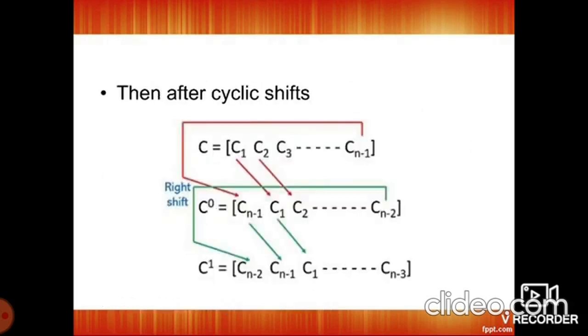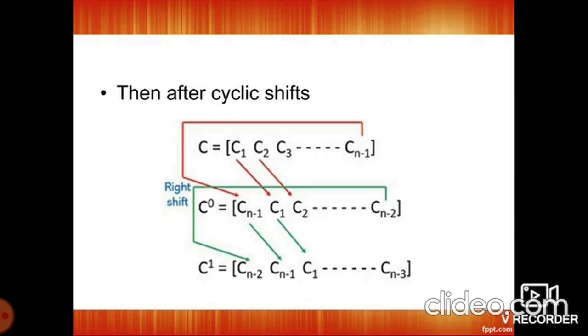After a cyclic shift, c1 takes the position of c2, c2 takes the position of c3, c3 takes the position of c4, and so on, up to c(n-1) taking the position of c(n-2), and c(n-1) becomes the first position. So the right shift will have c(n-1) first, followed by c1, c2, c3, and so on up to the last bit.